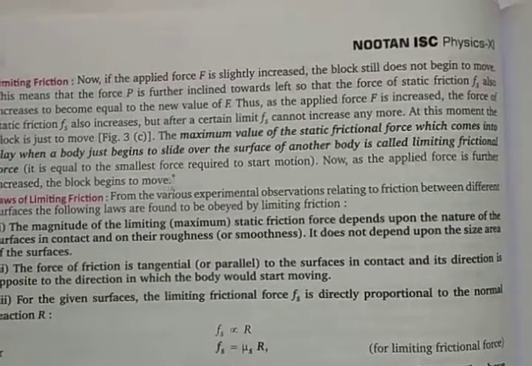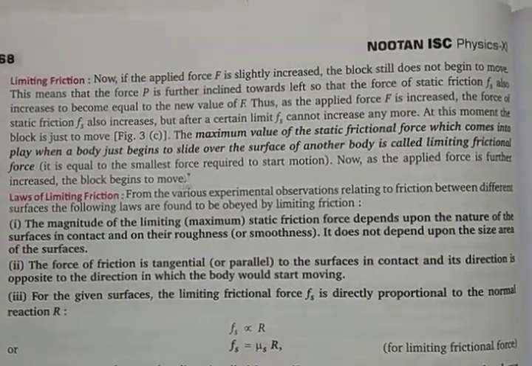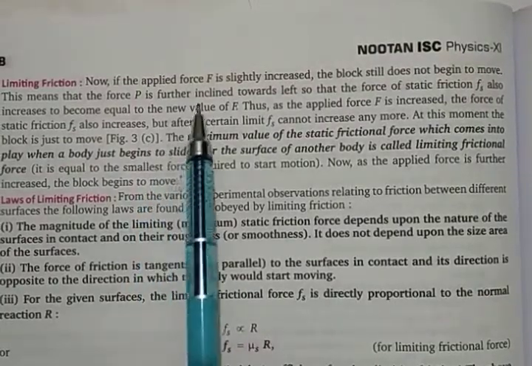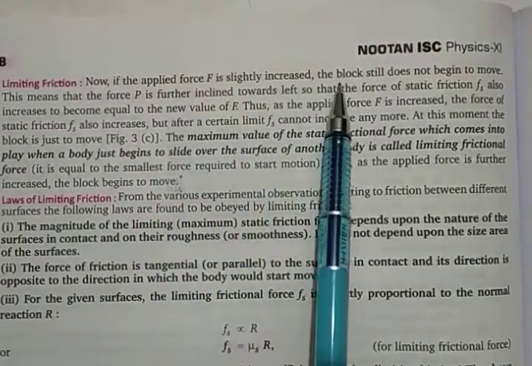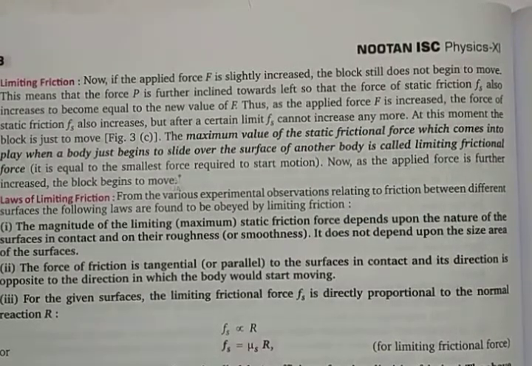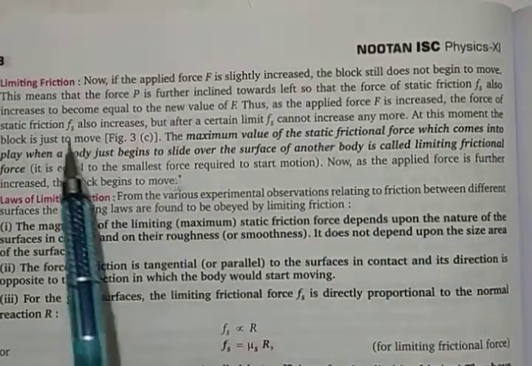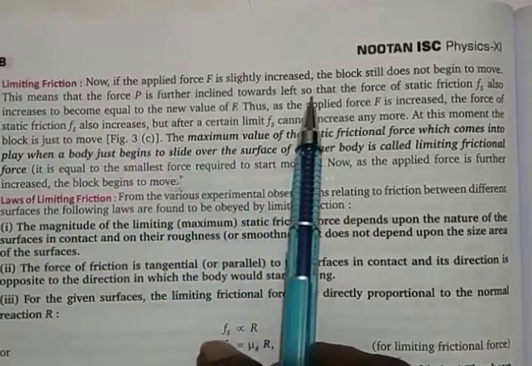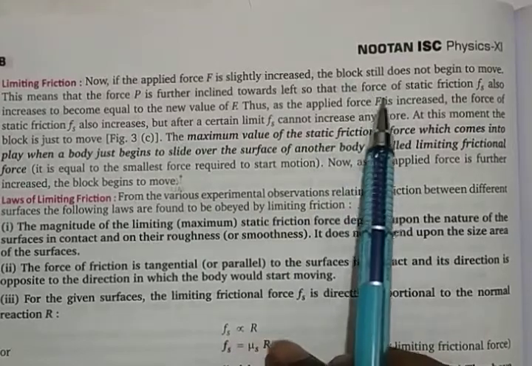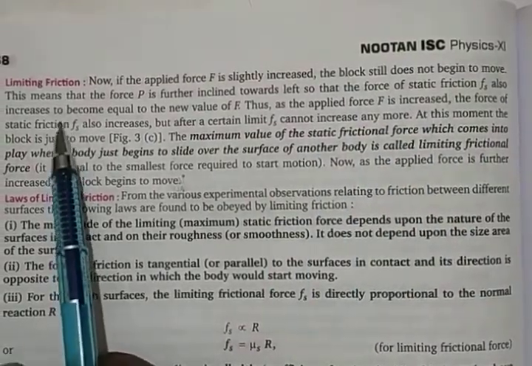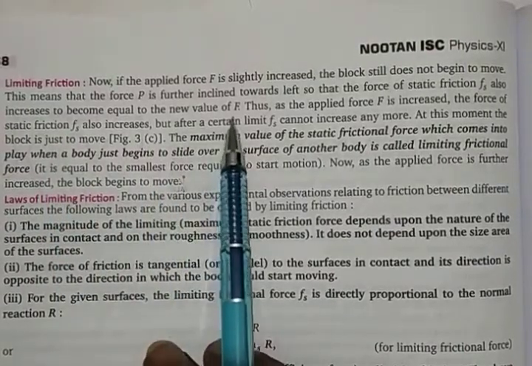Limiting friction. That is given on page number 268. Okay, now let's read this one. Now if we apply force, capital F, slightly increased, the block still does not begin to move. That's what I'm saying. When the external force is constantly increasing, the block does not move. This means the force P is further increased, and then static friction also increases to become equal to the new value of the force.